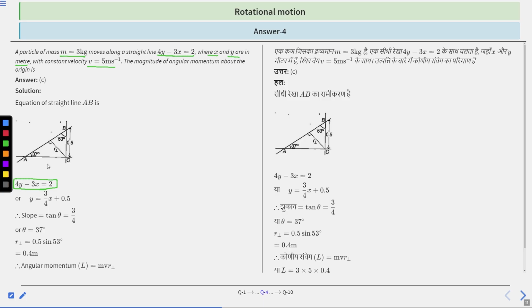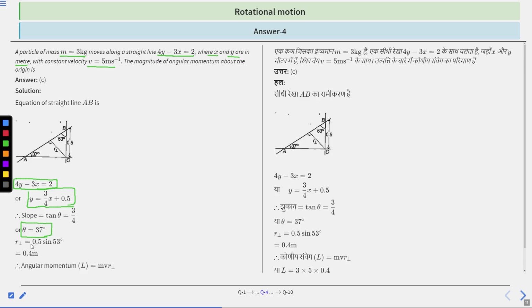Solving this equation, we get y equals 3/4 x plus 0.5. So slope is equal to tan theta equals 3 by 4. So theta equals 37 degrees. Clear?